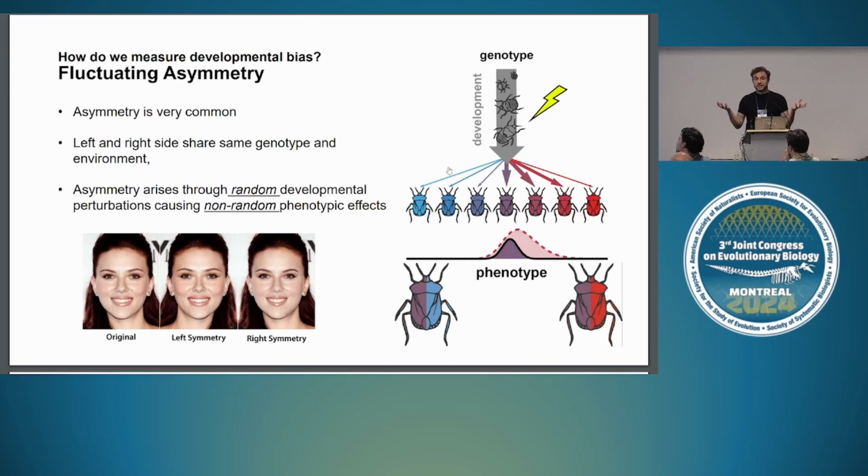Yet we still see little deviations between the left and the right side, which are not due to measurement error alone. So we can quantify those differences, which arise due to random developmental perturbations that accumulate throughout development. And we can then test whether there are some phenotypic dimensions that are more strongly affected by those random perturbations.